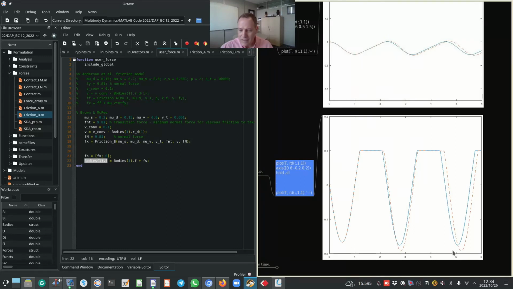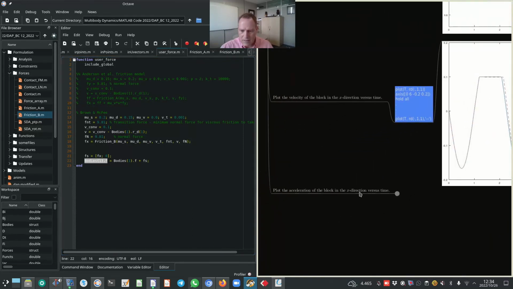It does not remain constant. I think the same is true for the Anderson and colleagues friction model. It's not constant, but on that graph it's not that visible. But here you can clearly see with the Brown and McPhee friction model that the amplitudes actually increase for the subsequent cycles. And then lastly, the accelerations.